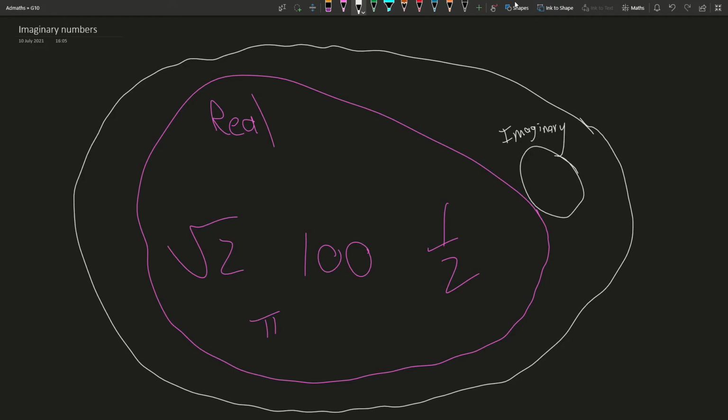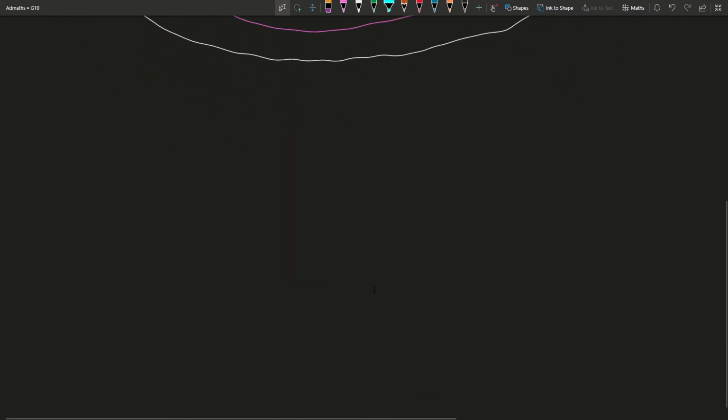The imaginary number we are going to deal with is the number i. And i is the name we give to a certain number.